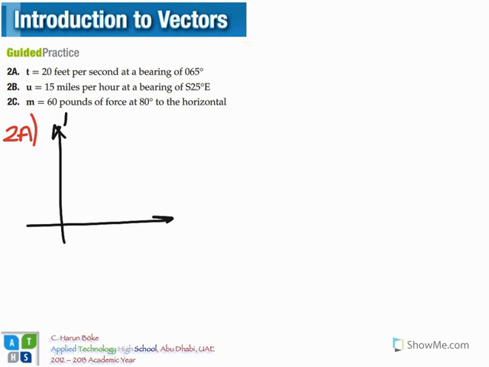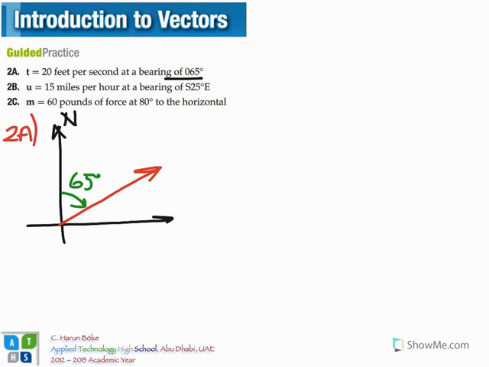Now this will be my north, and since this is a bearing, I should go clockwise 65 degrees from north. So this means the angle between the vertical axis, meaning north, and my vector should be 65 degrees.